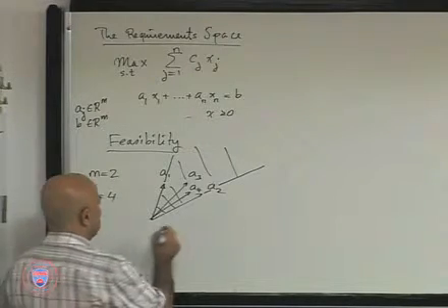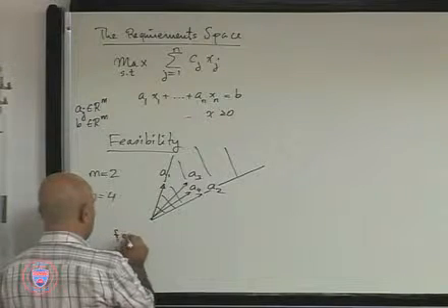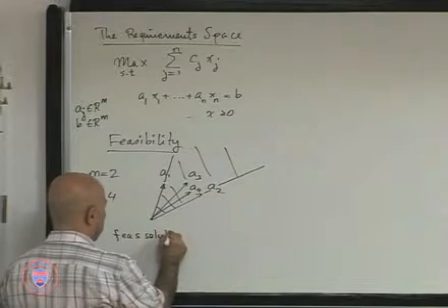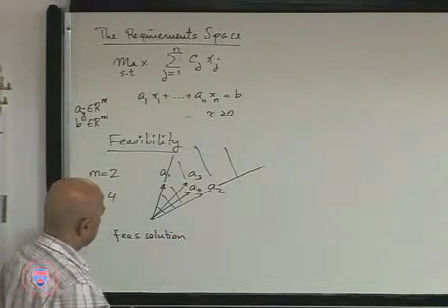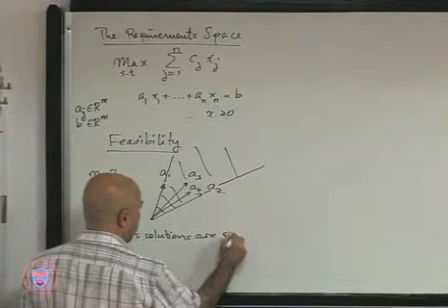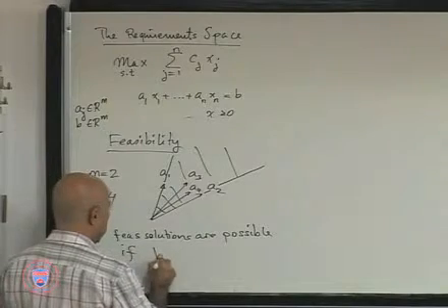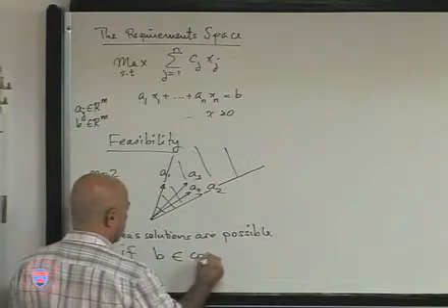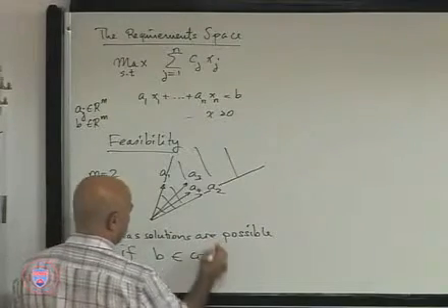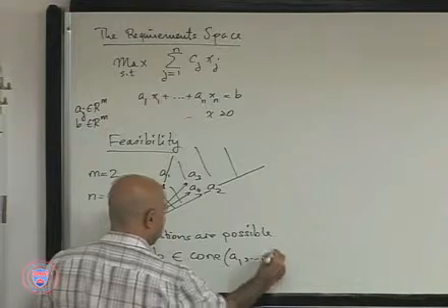All right, so to have a feasible solution, feasible solutions are possible if B is in the non-negative cone generated by A1 through AN.